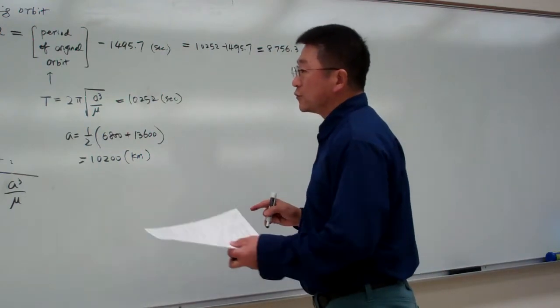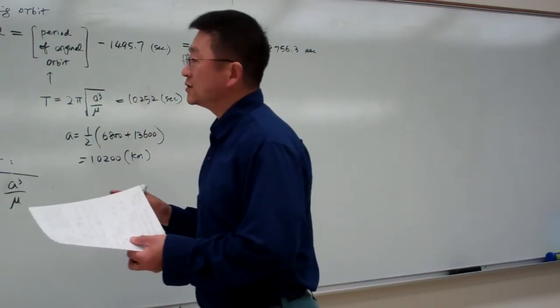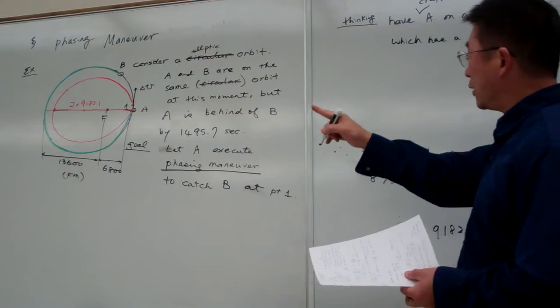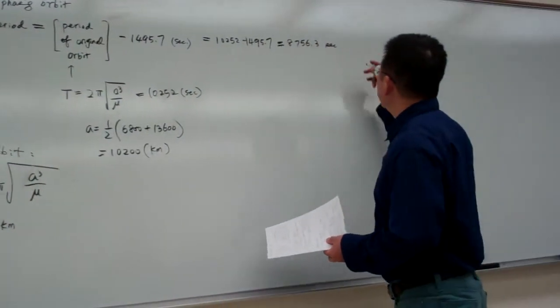So right now, the initial orbit is an elliptic orbit, and the phasing orbit is also an elliptic orbit.